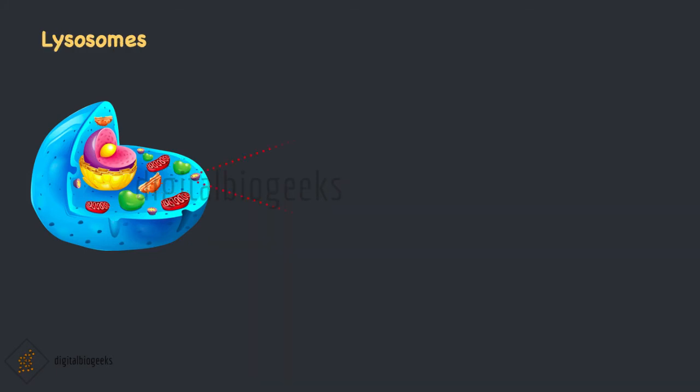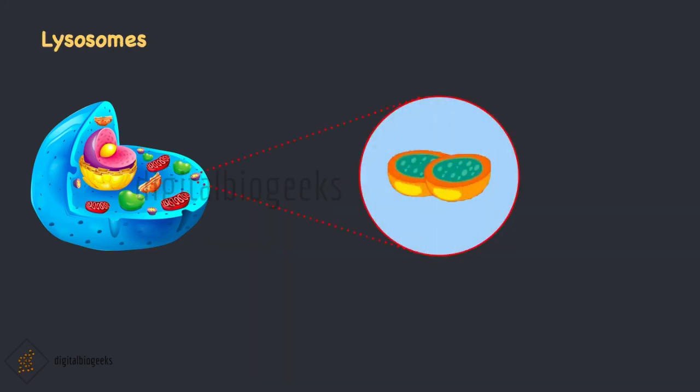Lysosomes are membrane-bound sacs. They contain digestive enzymes which are secreted by the rough endoplasmic reticulum. These are the digestive enzymes inside the lysosome. It is a kind of waste disposal system.